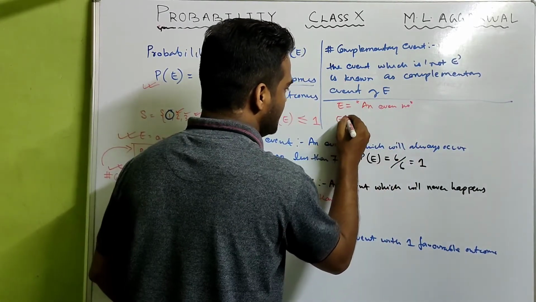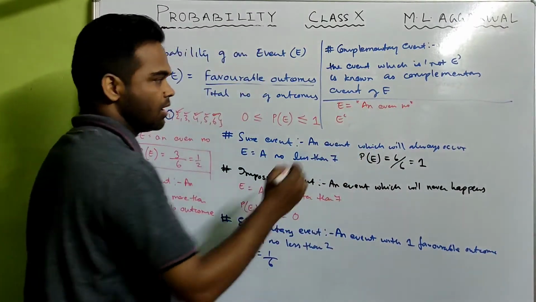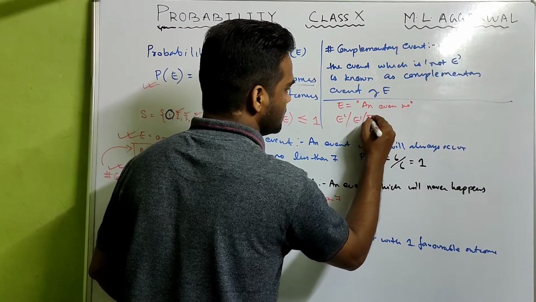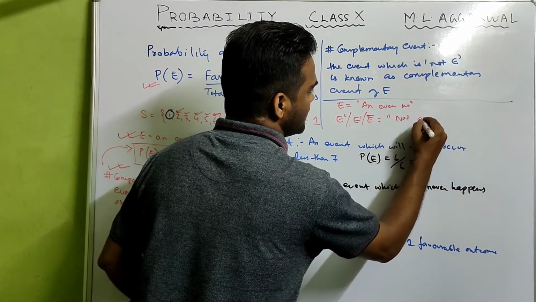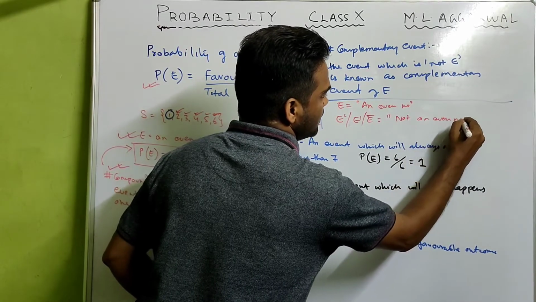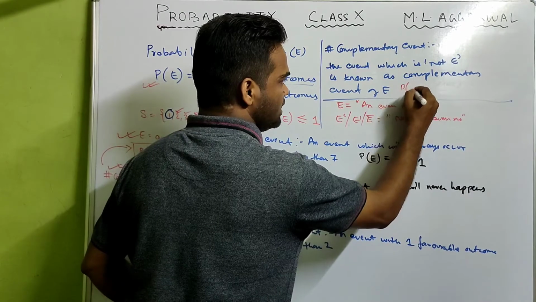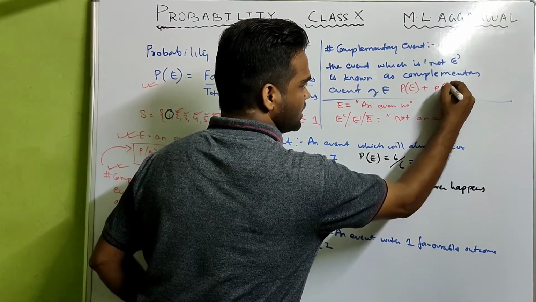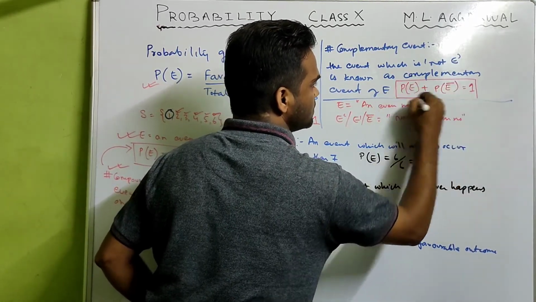Then the complementary event, that is E C, or E dash or E bar, is not an even number. And probability of an event plus probability of the complementary event will be equal to 1 always.